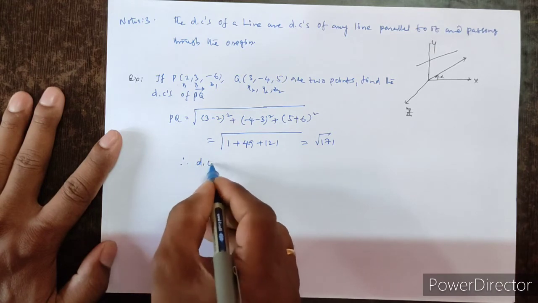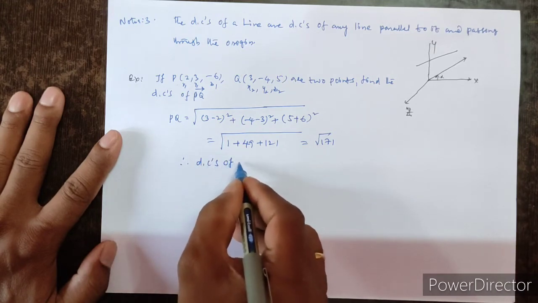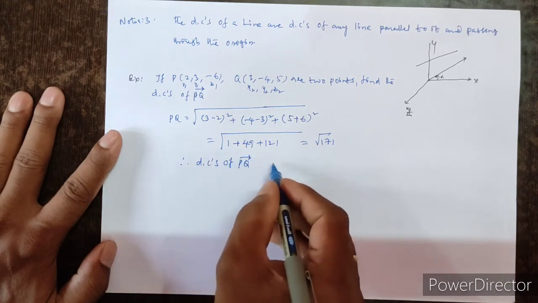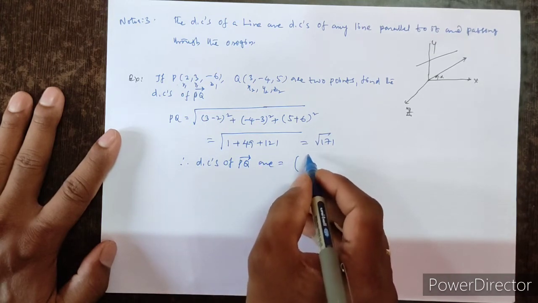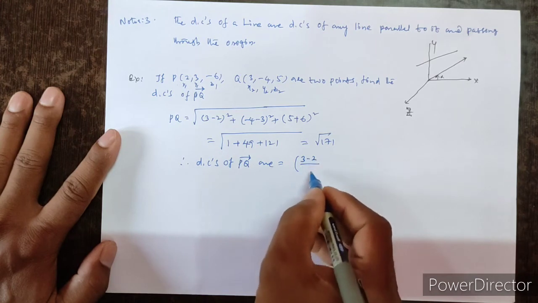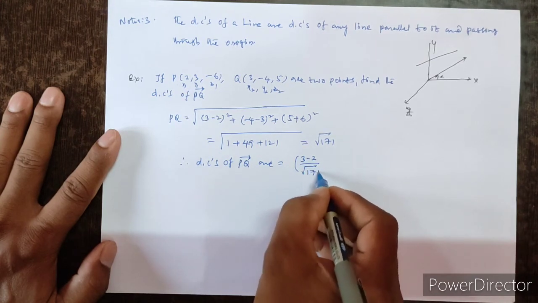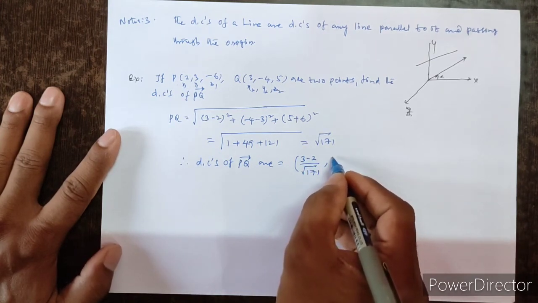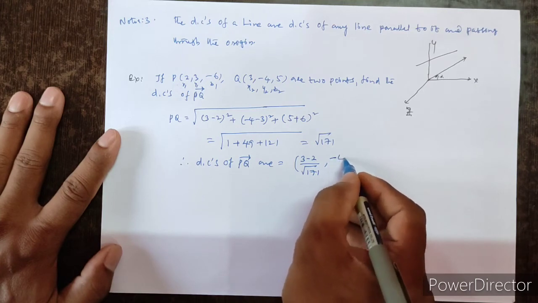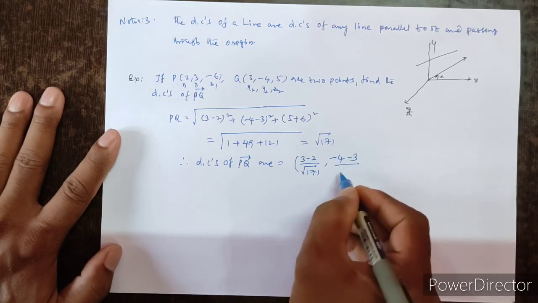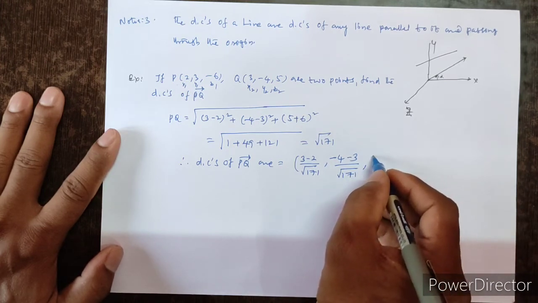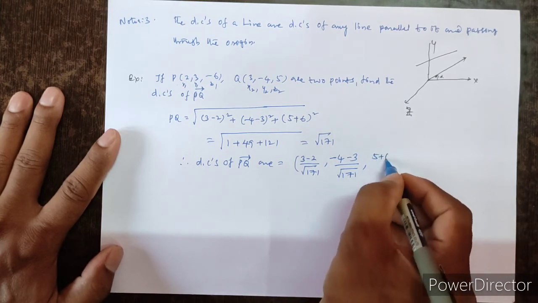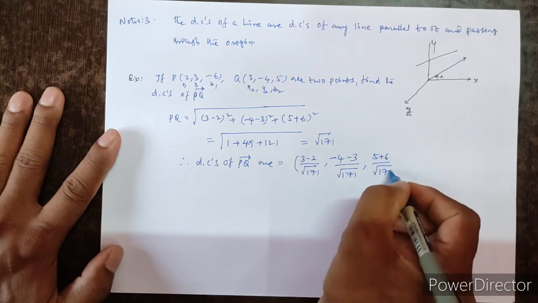Therefore the direction cosines of PQ are x2 minus x1, that means 3 minus 2 by root 171, y2 minus y1, that is minus 4 minus 3 by root 171, and z2 minus z1, 5 minus of minus 6 by root 171.